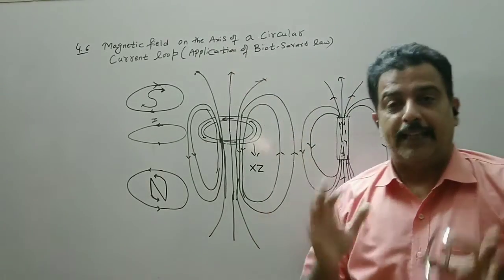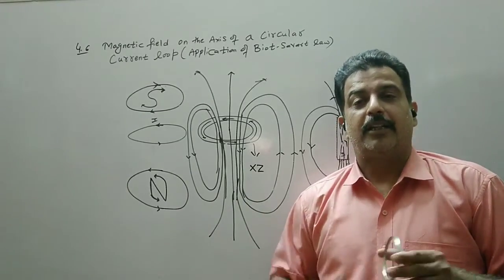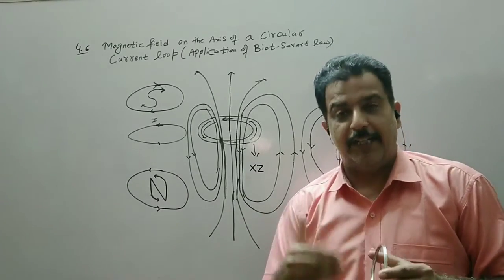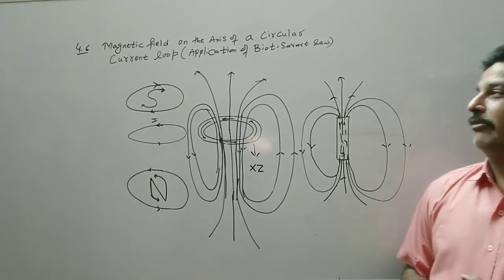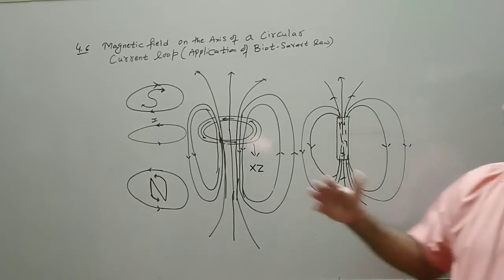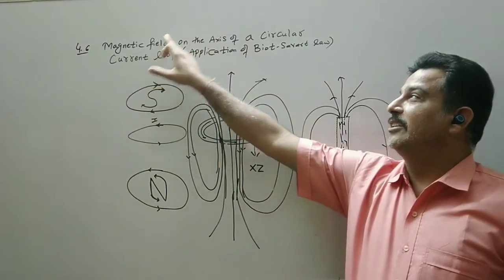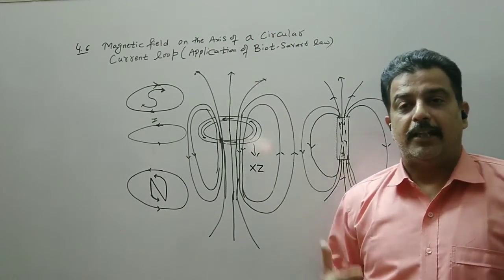If you are on its axis, the magnetic field is perpendicular to the plane containing the wire carrying current. This is how we will derive this relation, and we will find the magnitude of the magnetic field intensity on the axis of the circular current loop in the next lecture.